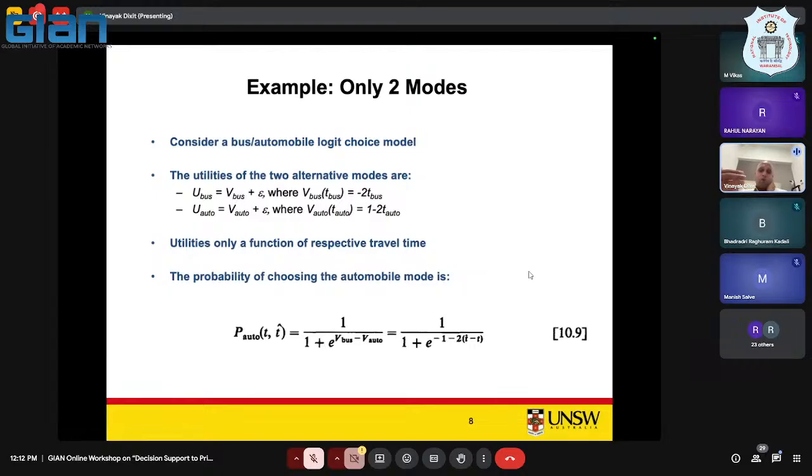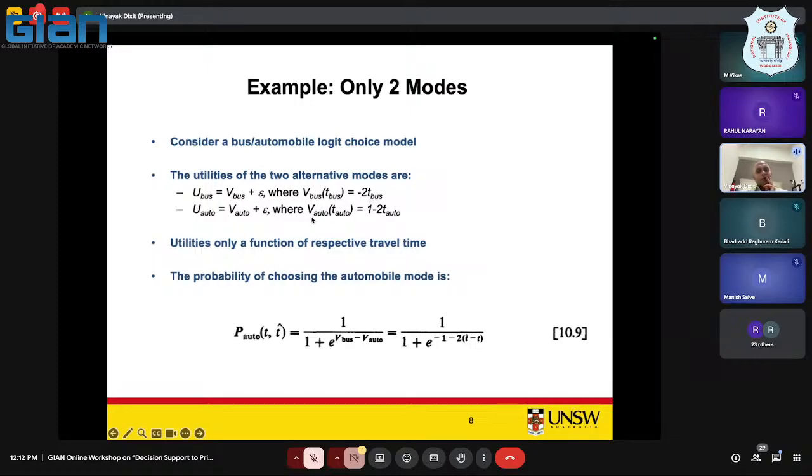All right, so now let's take an example of a 2-mode case, and the whole purpose of this is to figure out how we go about choosing. So it's just an example. The utility of the bus is equal to the value of bus plus some error term. The question is whether I'm going to choose a bus or an automobile, a car. Now the value of the bus, that's the utility function, is minus 2 times travel time on bus.